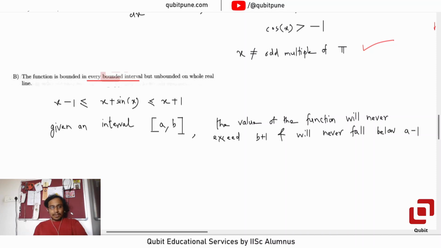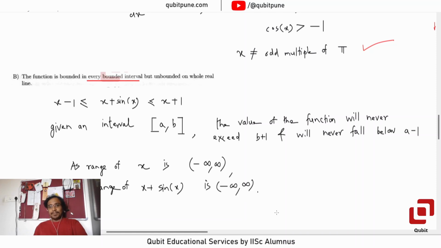No. As the range of x is negative infinity to positive infinity, the range of x plus sin x is also negative infinity to positive infinity. So is it true that it is unbounded? Yes. Therefore unbounded on R.